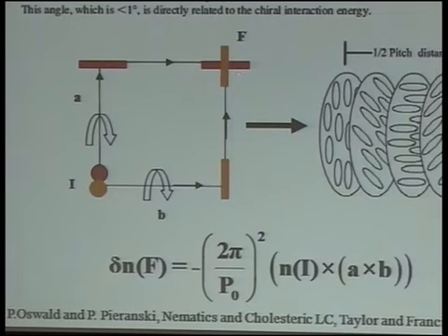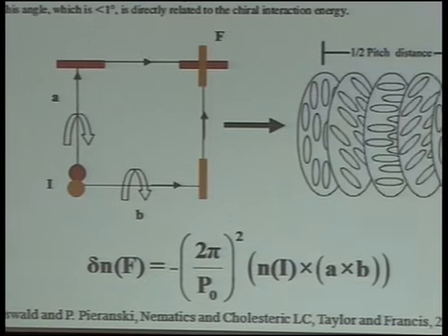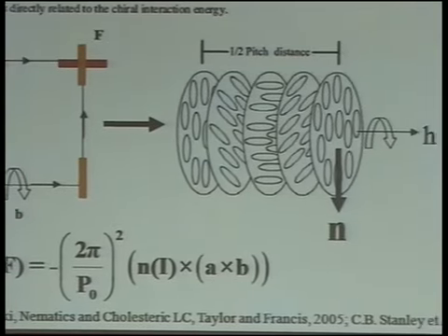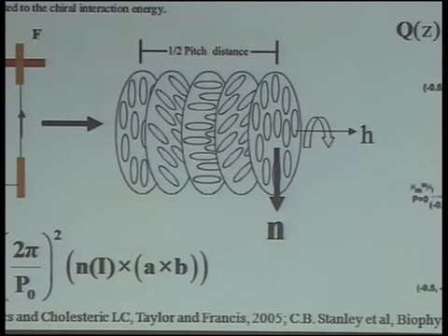So a way to resolve this kind of frustration, as explained by Oswald and Pieranski, is to create this chiral mesophase. So small twist angle then gives rise to this cholesteric phase.